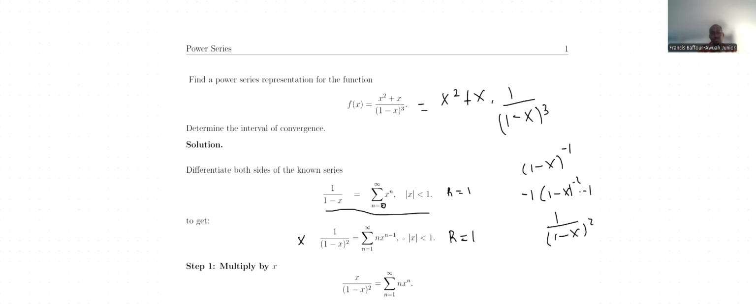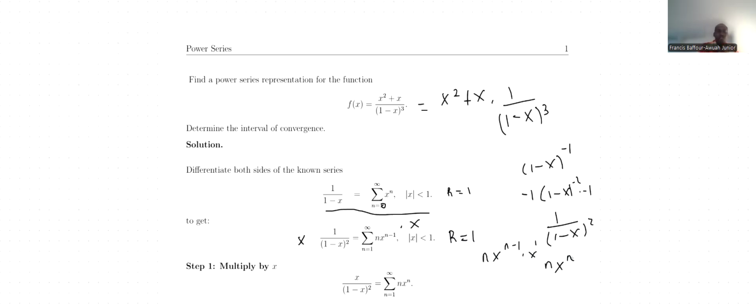Now, this side becomes x over 1 minus x squared, as you can see here. If you multiply this side by x, you're going to get n x to the n minus 1 times x to the power 1. And so n minus 1 plus 1 just gives you n x to the power n. And that's exactly what I have down here.